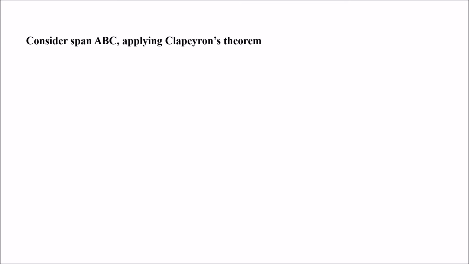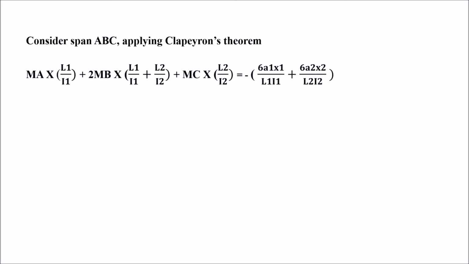Next, consider a span ABC applying Clapeyron's theorem. MA into L1 upon I1 plus 2MB into (L1 upon I1 plus L2 upon I2) plus MC L2 upon I2 equal to minus into bracket 6A1 x1 bar upon L1 I1 plus 6A2 x2 bar upon L2 I2, bracket close.